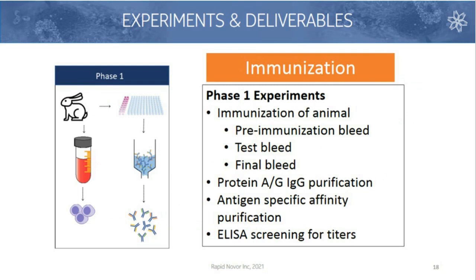We always like to get some pre-immunization bleed, a naive bleed if we can help it, a test bleed as well as a final bleed to assess for titers, but preferably also to actually use some of that blood in our sequencing analysis.